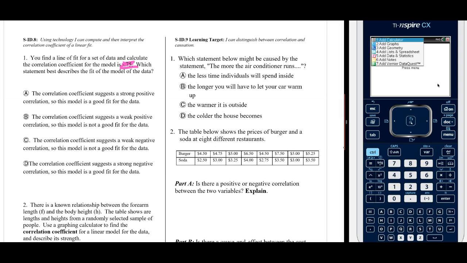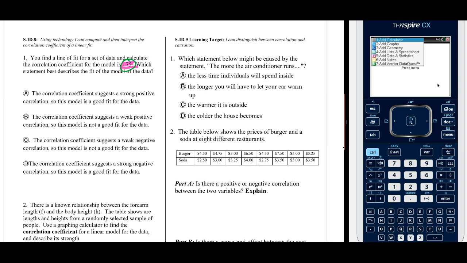So positive versus negative for correlation coefficient just means whether it has an increasing or decreasing slope. So negative just means there's a negative correlation. And then good versus bad is how close that correlation is to 1 or negative 1.